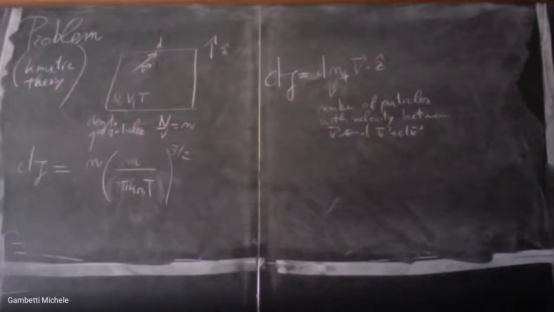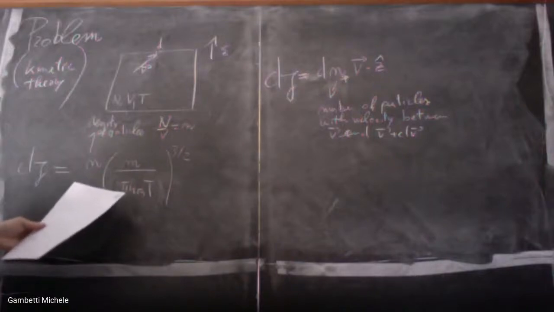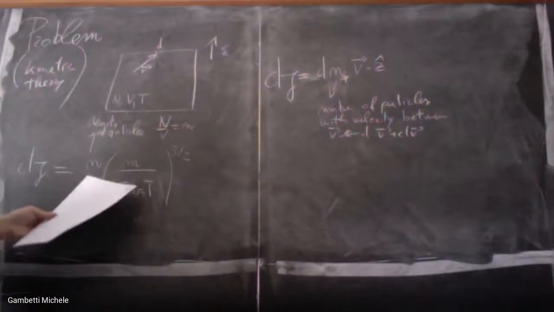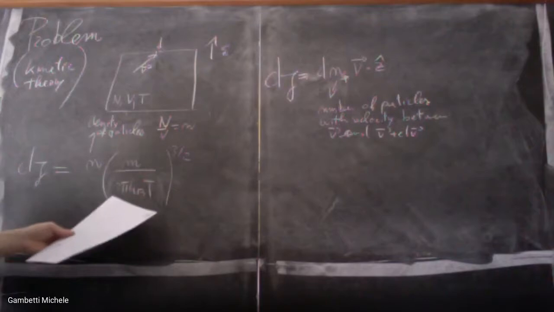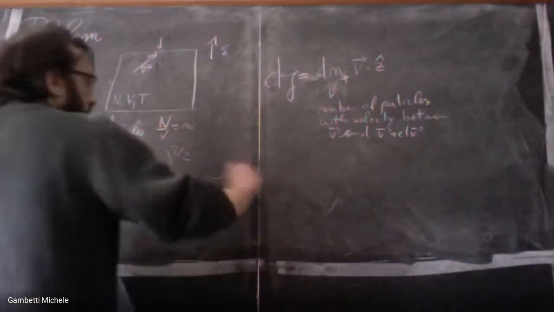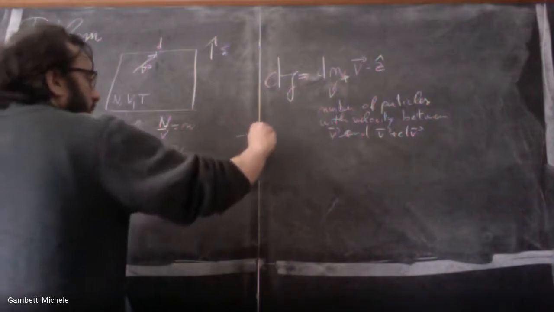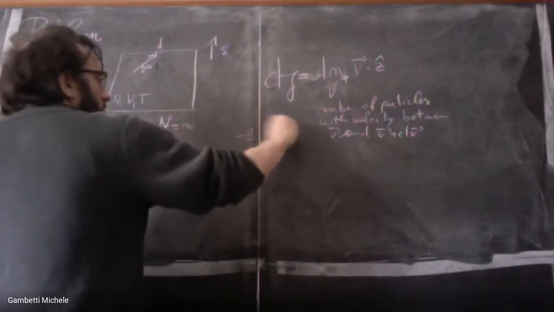Then I must now be careful with the solid angle, because now the solid angle is not integrated. So this is n, and this is a factor of this. Then I have the exponential, which is -mv² divided by kBT.